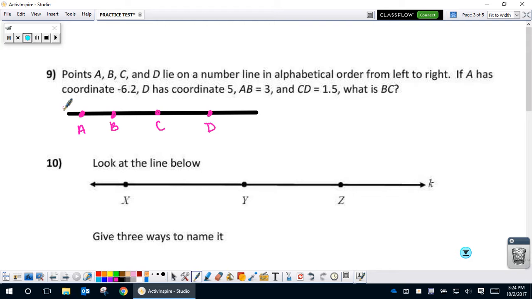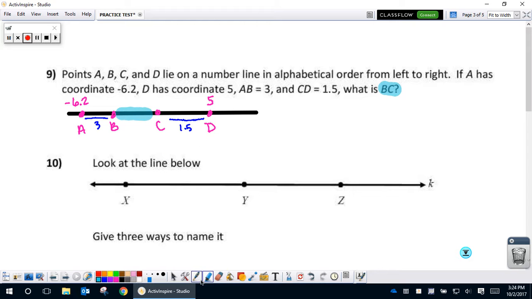So A is at -6 2/10. D is at 5. The distance from A to B is 3. And the distance from C to D is 1.5. We want to know what is the distance from B to C.